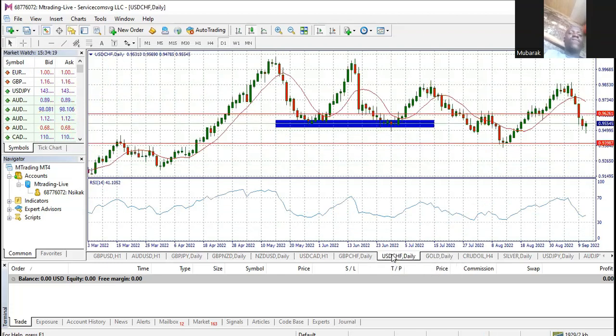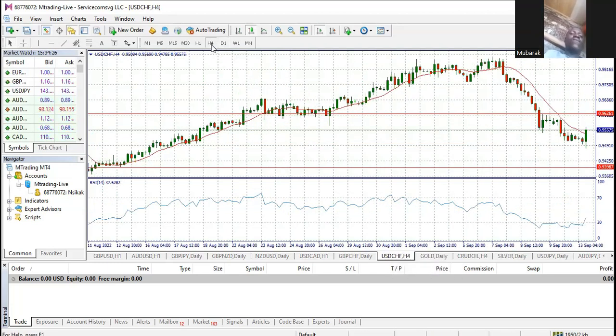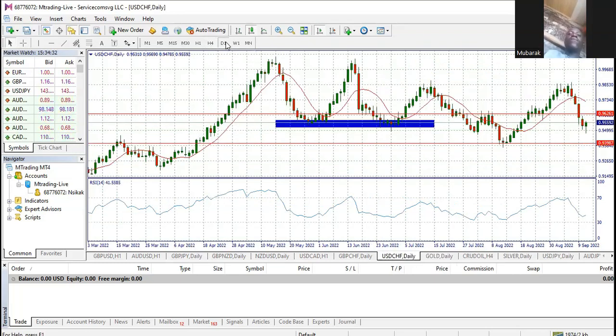Here's the CHF, it will buy. You can see it now. It's buying. Here's the CHF will buy till, how far can it go? The daily time frame.